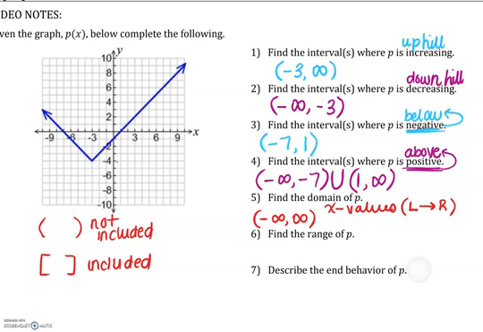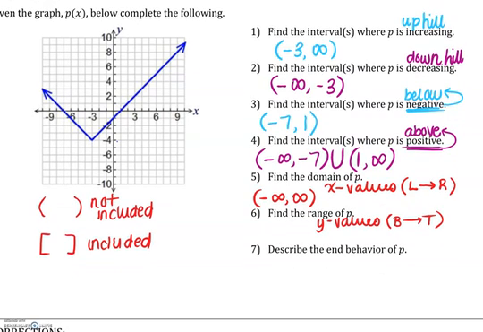If I think about my range, that is all of my y values. So we are going from bottom to top. I want to know how low the graph goes to how high it goes. If I look down here, I have no graph until I hit that minimum value, which is at a y value of -4.